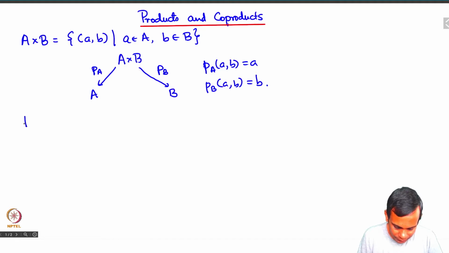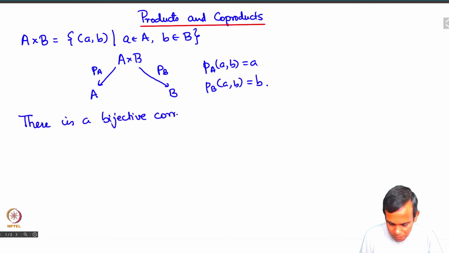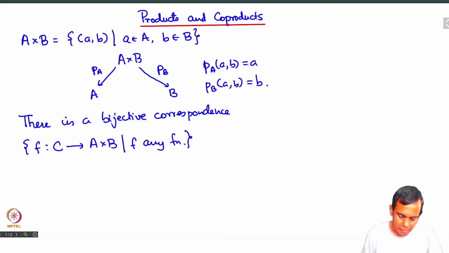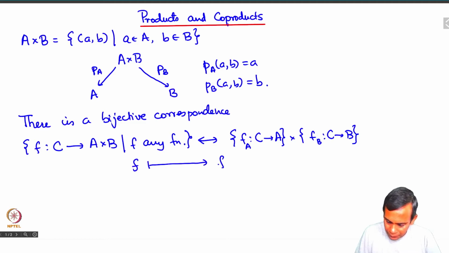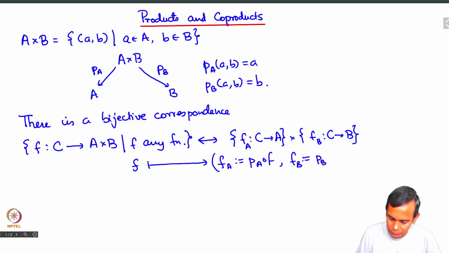There's a bijective correspondence between the set of all functions from C to A cross B and the set of pairs of functions, f subscript A from C to A and f subscript B from C to B. Namely, given any function f from C to A cross B, I can map it to f sub A, which is defined to be P subscript A circle f, and f sub B, which is defined to be P subscript B circle f.